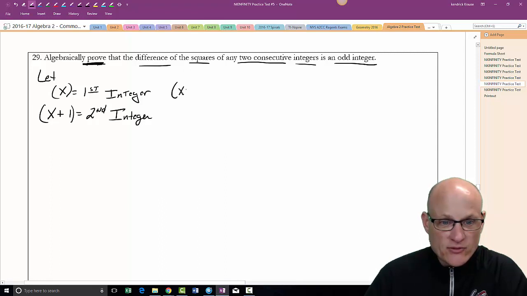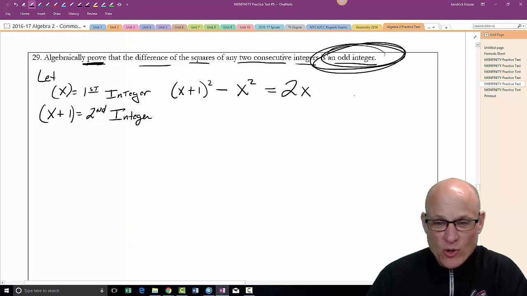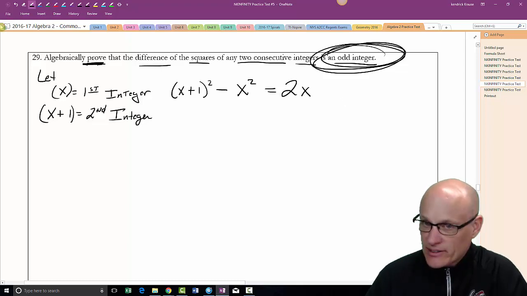So (x plus 1) squared minus x squared equals. Now, how the heck do I make sure something is odd? Well, isn't 2x, no matter what, even? So in order to make an odd number, I'll just add 1.